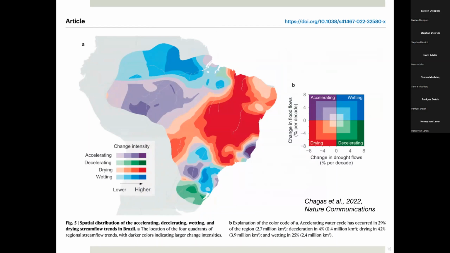And here you're looking at different streamflow trends. Because so many catchments were included in CAMELS Brazil, it became possible to look at the spatial patterns of these different trends and to differentiate between accelerating, wetting, drying, and decelerating trends. So it's really something that was enabled by one of these large sample hydrology datasets.